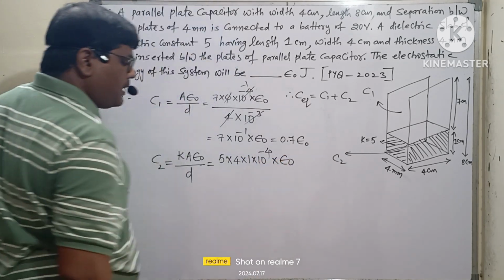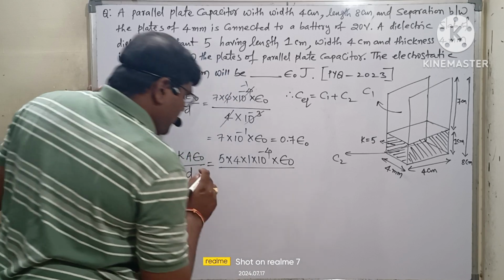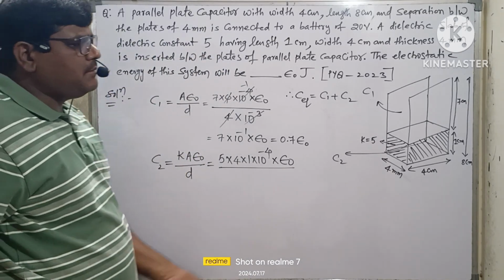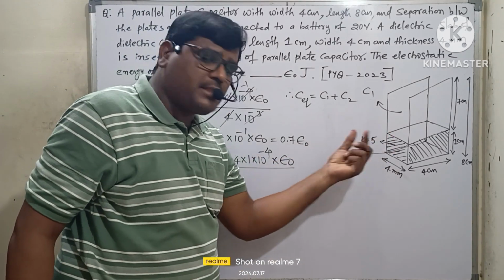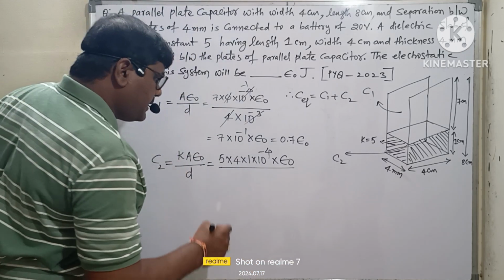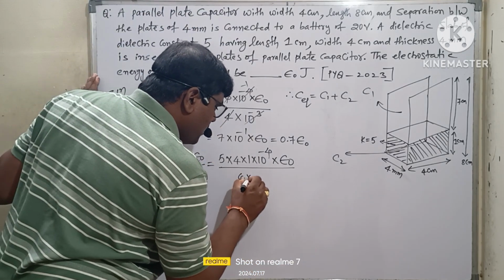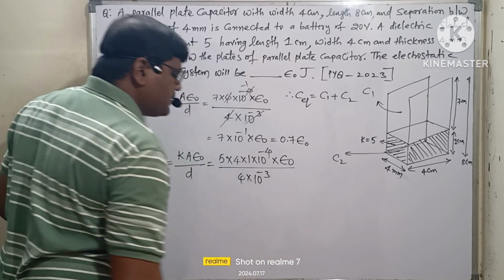Into epsilon naught divided by d. Here d is the same, because the thickness is the same, so we take 4 into 10 to the power of minus 3.